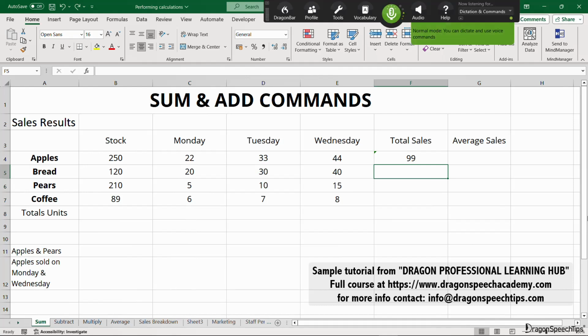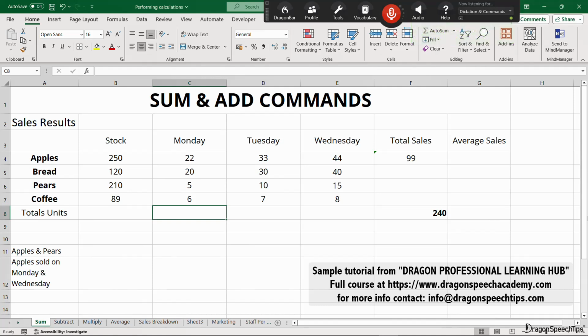Go to cell F8. You can also sum a range of cells. Sum cell C4 to cell E7. Go to cell C8. You can also sum the values above.